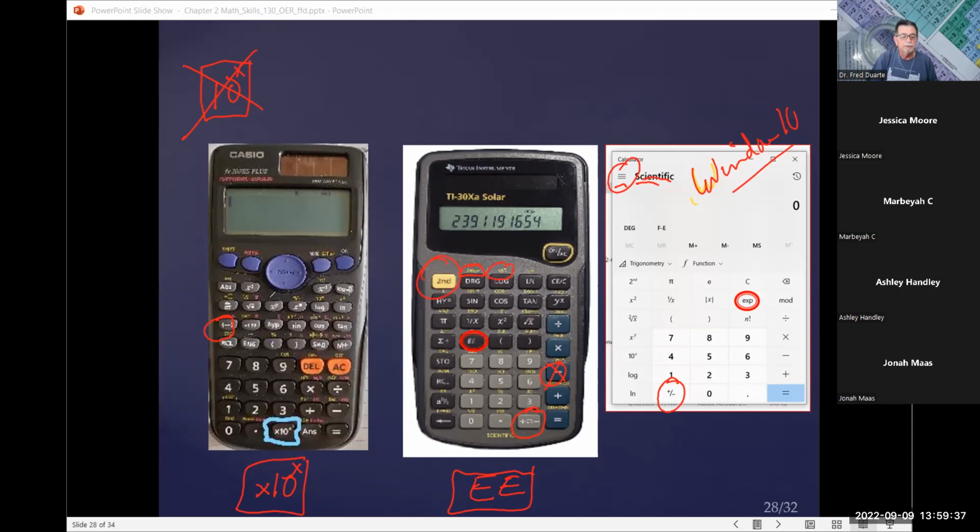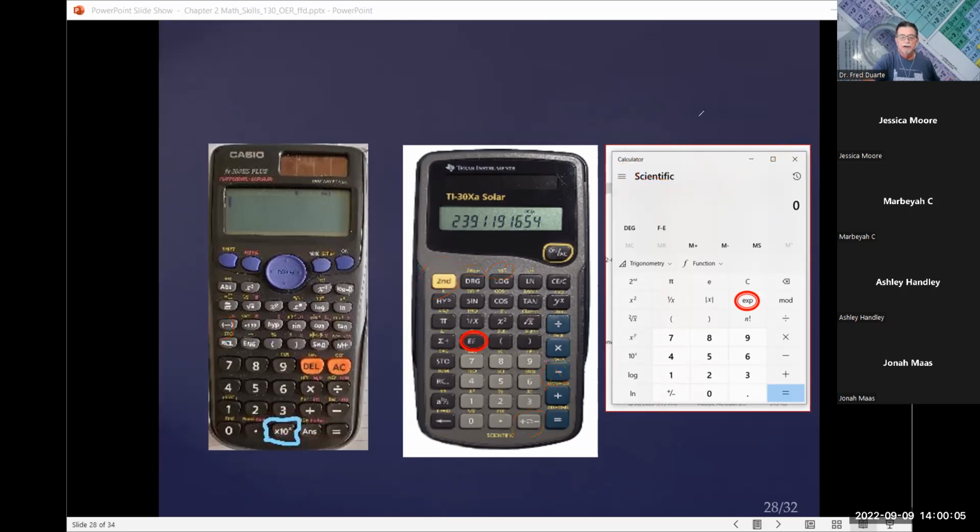Take a look at your calculator and see how you handle scientific notation. If you have the manual, you might want to read about it. If you don't, sometimes you can Google it and find it. If you're still having trouble, shoot me an image of the calculator and we'll run through it and figure it out. All right, so these are the most common buttons on calculators.